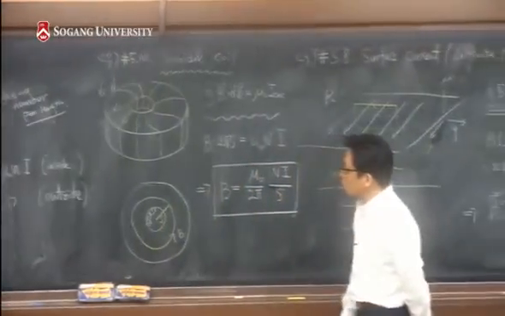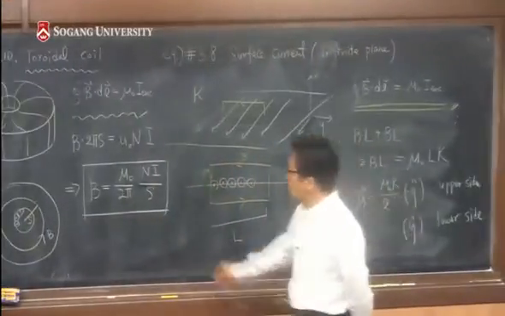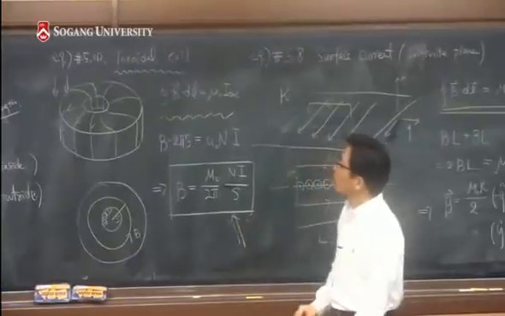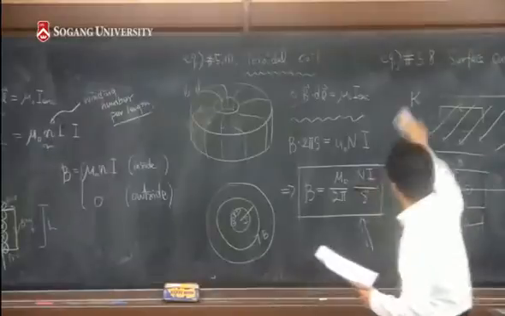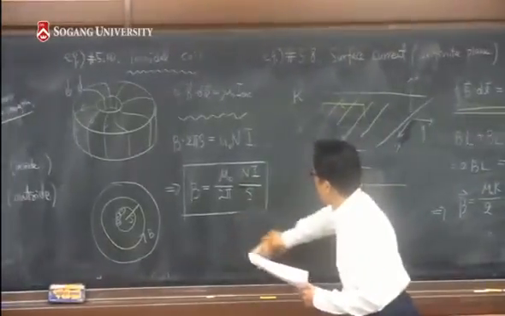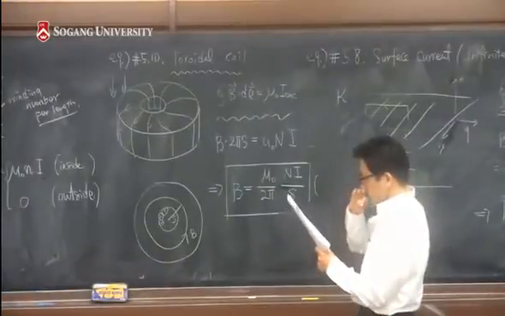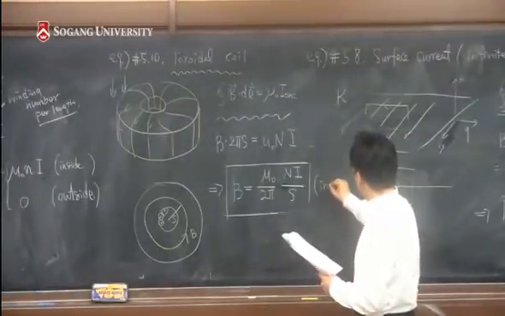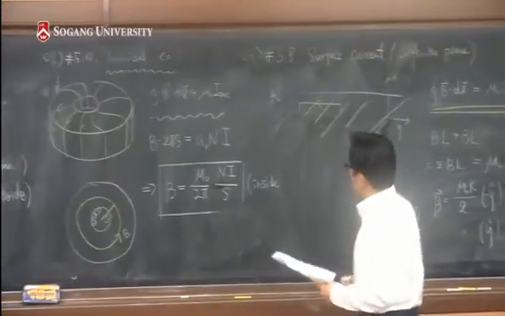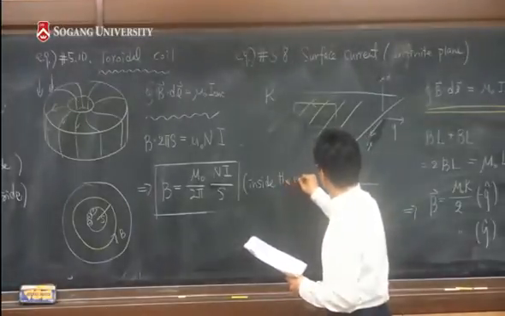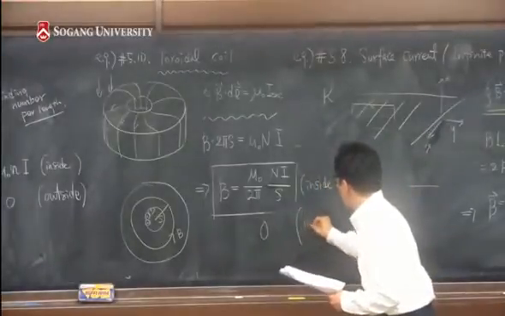So this is the magnetic field inside of the toroidal coil, inside the coil. And it will be 0 outside of the coil.